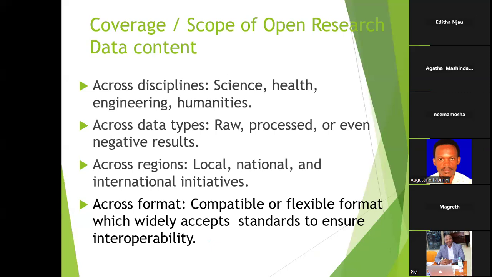Also, open research data can be across data types: raw data, processed data, and even negative results. Also, it can be across regions: local, national, and international initiatives. The last aspect is across formats, using compatible, flexible formats with widely accepted standards to ensure interoperability of your data.